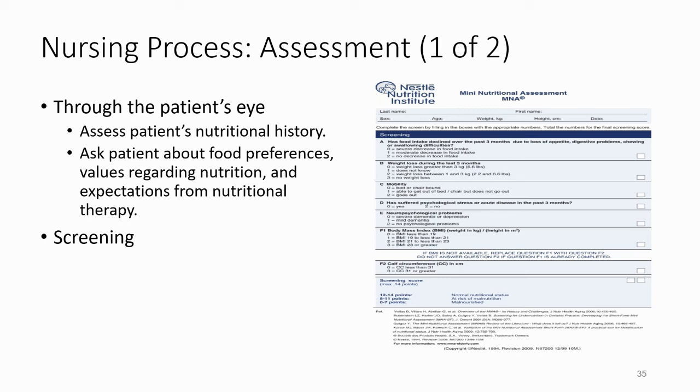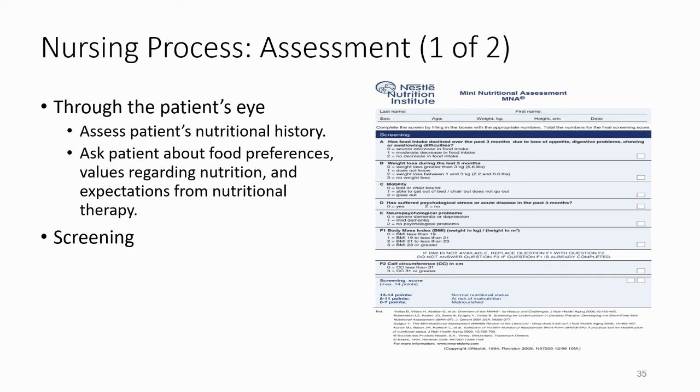So as we begin to assess our patients and think about the nursing process, gathering all that good data specific to nutrition, we use a lot of nutritional assessment tools. These are great evidence based tools that have been tested for reliability and validity and generally are easy to use. And when you're assessing a patient that you suspect might have a nutritional problem, you see here the Mini Nutritional Assessment, or MNA.